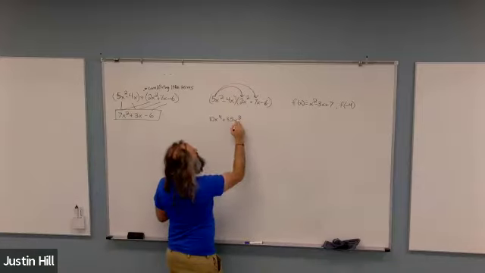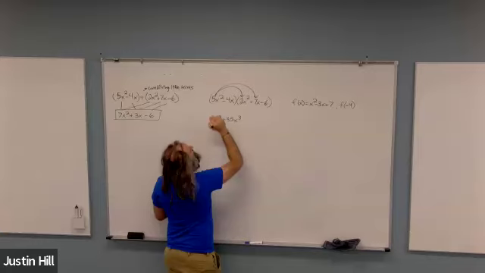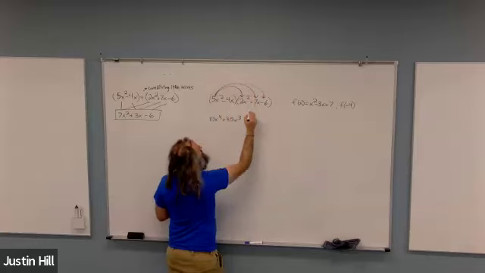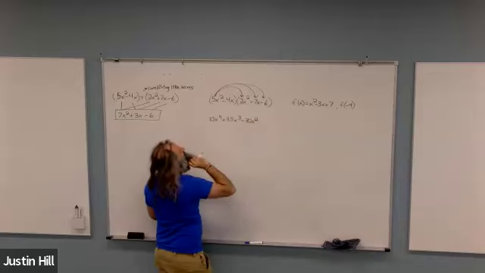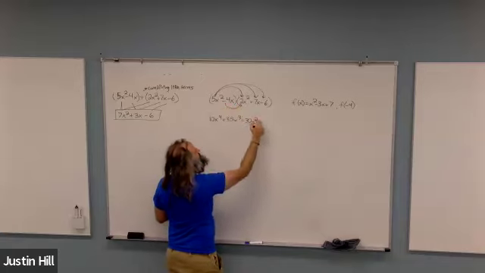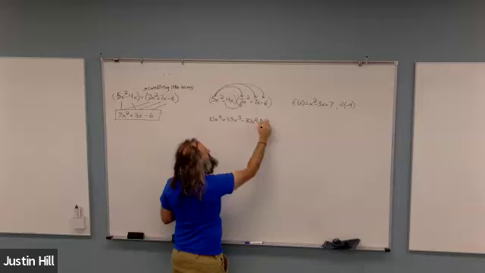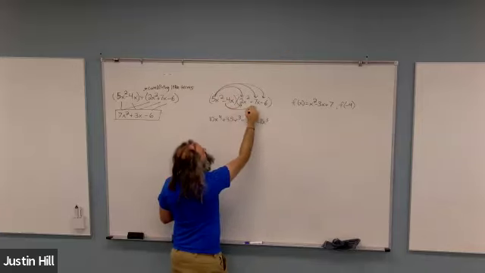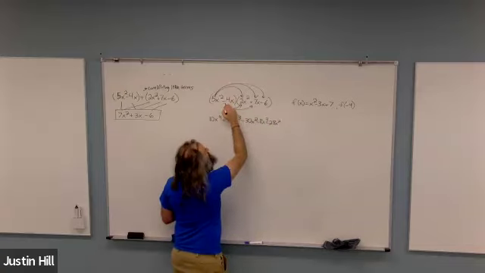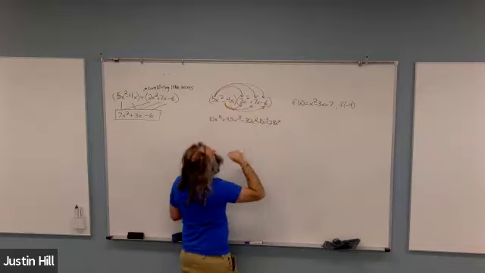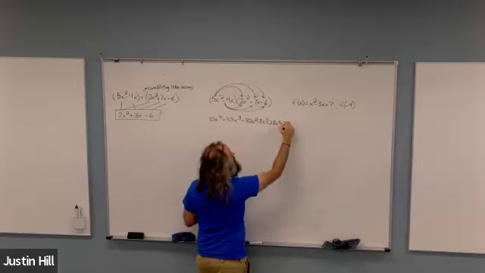Now with x cubed, minus 30x squared, minus 8x, minus 28x squared, plus 24.